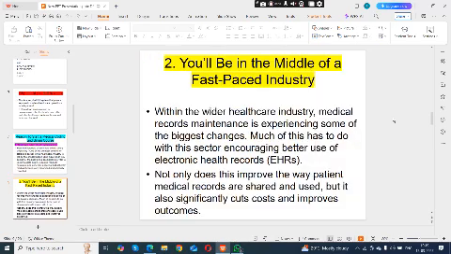And coming to the second one, you will be in the middle of a fast paced industry. Here, the fast paced industry means the healthcare industry, which is rapidly growing nowadays. Most of the biggest changes you will find in the medical industry, because previously we used to preserve our medical records in physical written form, but nowadays we have electronic health records.